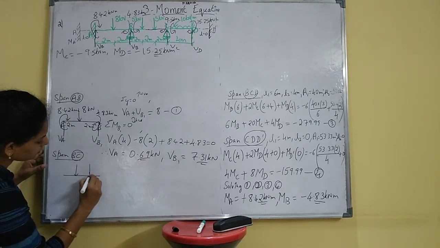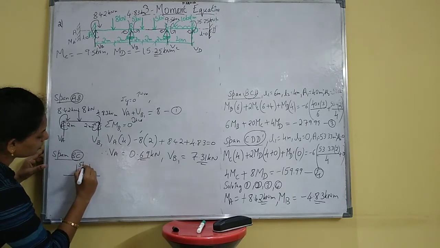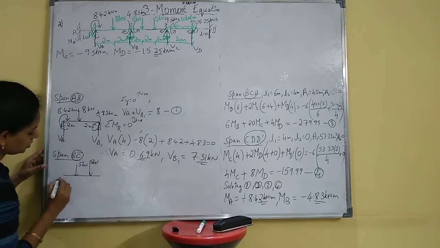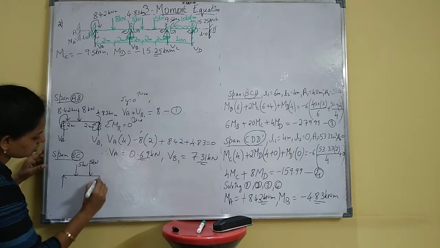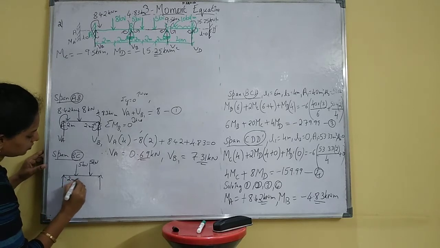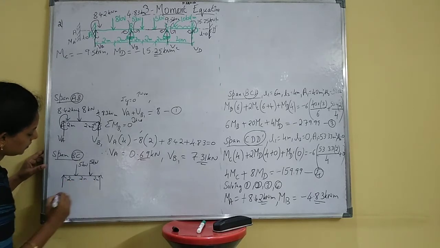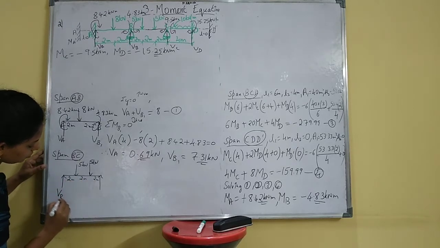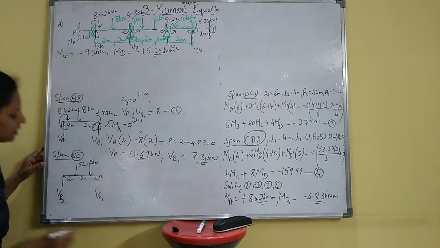Next, consider the next span, that is span BC. Two point loads, 5 kilonewton each, 2 meter distance each. This is VB2 and this is VC1.